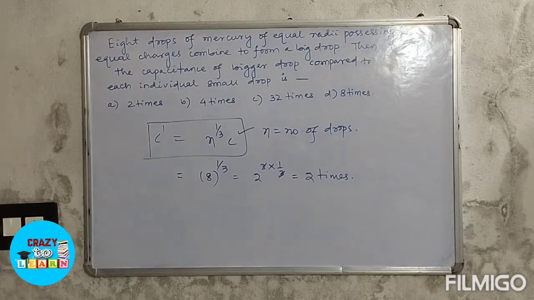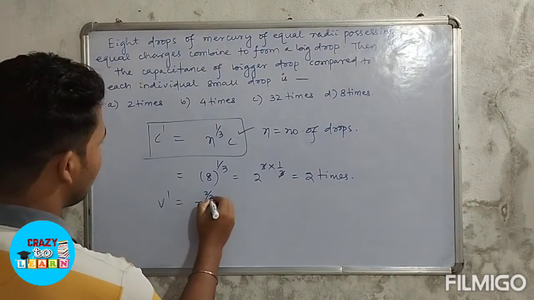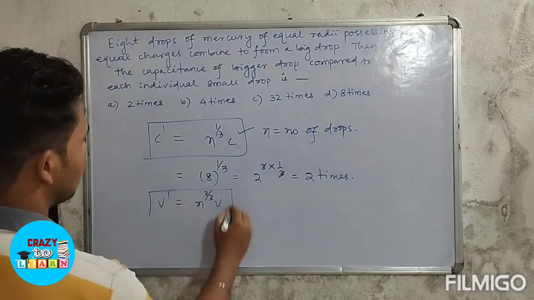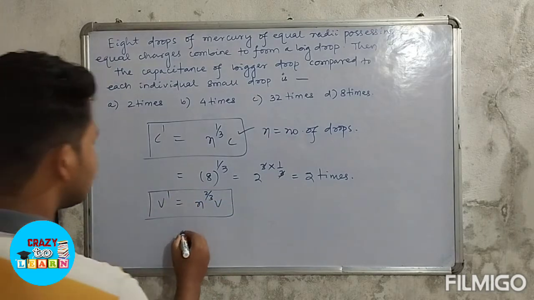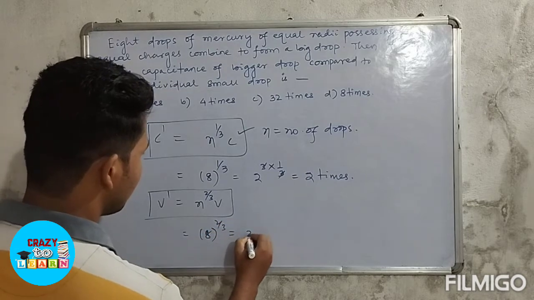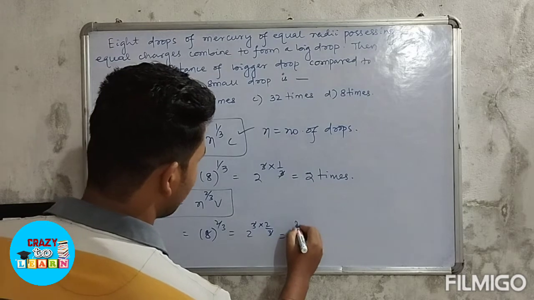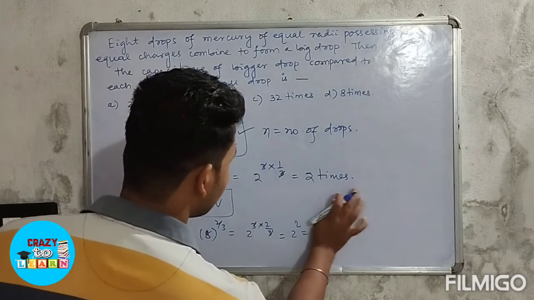Clear? If the same thing is asked to you for potential, then potential V dash is equal to n power 2 by 3 V. So what will be the answer? 8 power 2 by 3, 2 power 3 into 2 by 3, the 3s cancel, 2 power 2, that's 4 times.